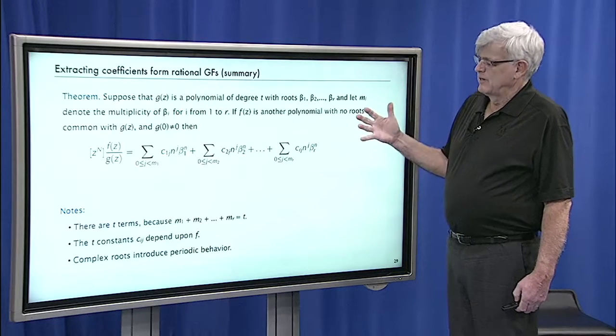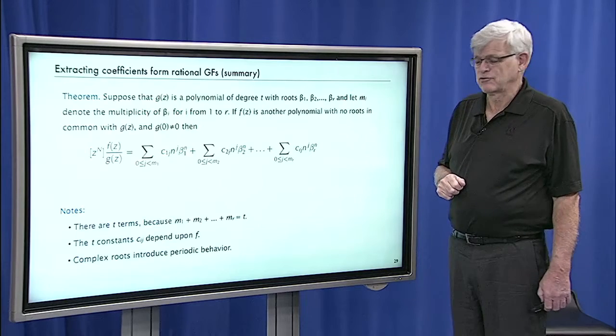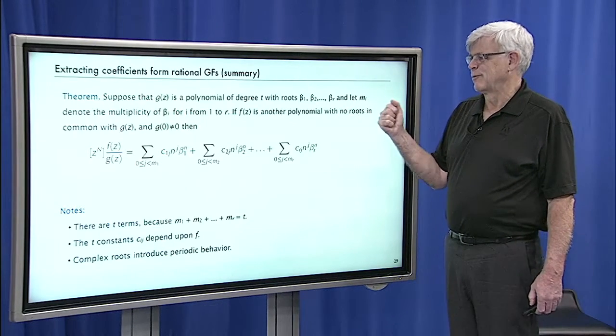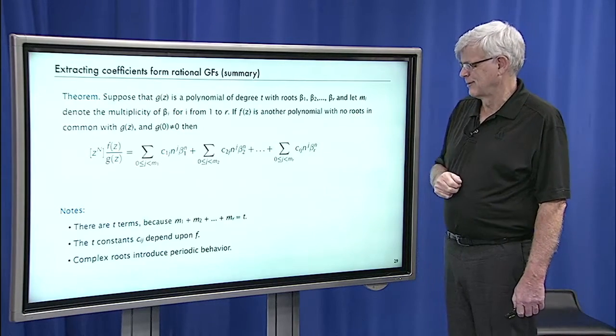So in summary, we have this theorem, which is like the partial fractions theorem. It is the partial fractions theorem, and it works for complex numbers as well as reals.